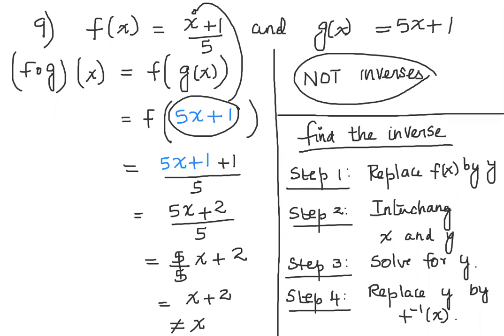Okay, so the previous objective, we were given 2 functions and we were checking if those 2 functions are inverses of each other. So in one example we found they are inverses, the other one they are not inverses. So the next objective, we are going to be given only one function. We have to find the actual inverse of the function. So find the inverse. Number 10.